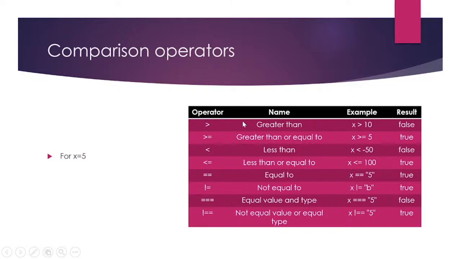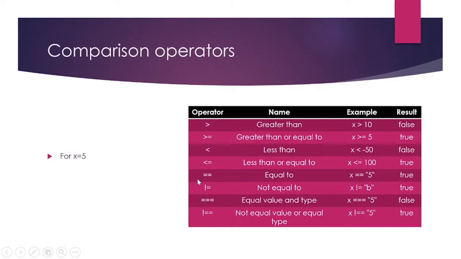So what are they? This is greater than or equal to, less than or equal to. This is used for comparison between two variables or two statements, and this also checks whether the two statements on the left hand side or the right hand side of this key are equal or not.